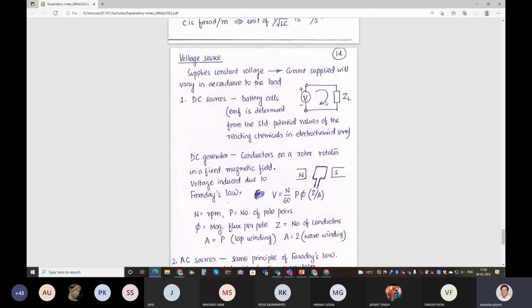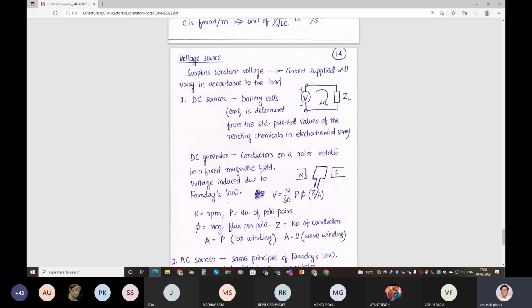You can always calculate the current that will be required. Suppose I attach a 1000-watt heater. You have a heater at your home, it is rated 1000 watt or something like that. If you are plugging in a 1000-watt heater, your V is constant.